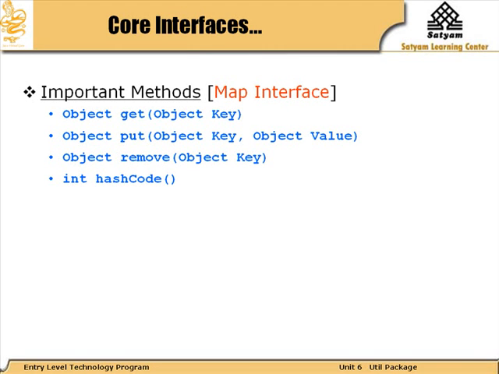Hash code returns the hash code value for this map. The hash code value of a map is defined to be the sum of the hash codes of each entry in the map's entry set. Contains key returns true if this map contains a mapping for the specified key.